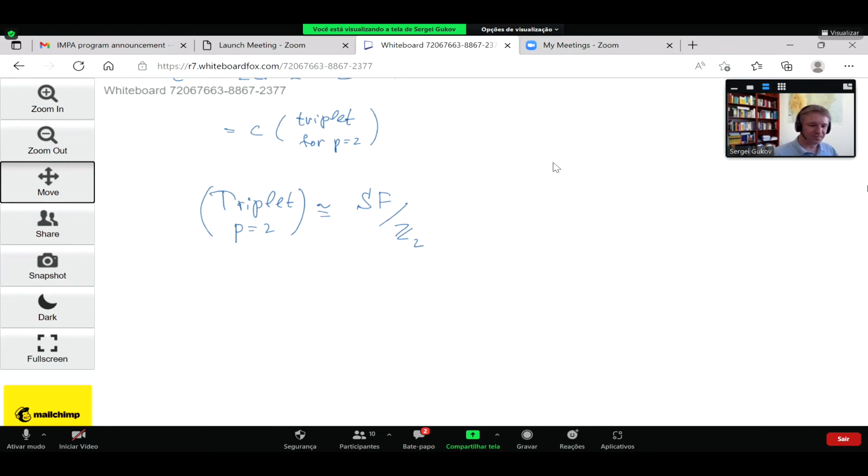Now, one more fact that I want to mention about the triplet, to conclude this summary of various facts, is that because this algebra is logarithmic, it's sometimes tricky to ask what kind of representations we should or should not include.